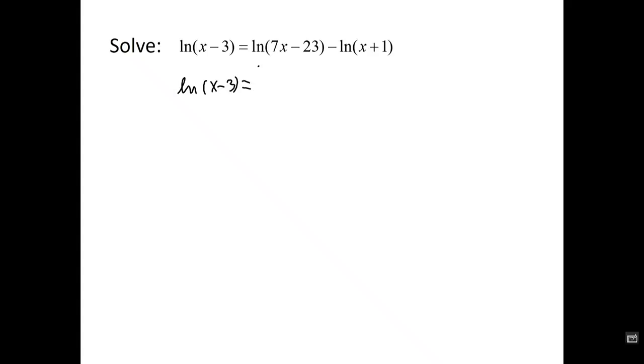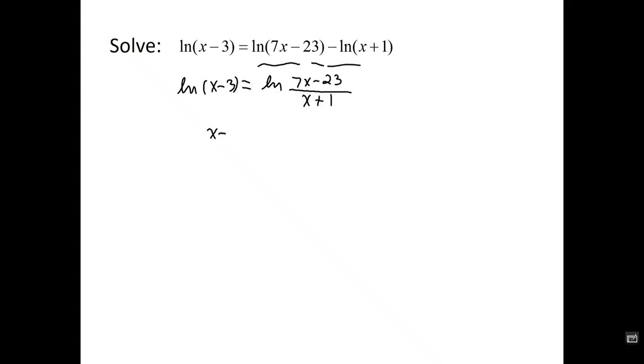And now using the reverse of the quotient rule, I'm going to have the natural log of 7x minus 23 divided by x plus 1. So we have the natural log of one side is equal to the natural log of the other side. Therefore we can equate m and n, so to speak.